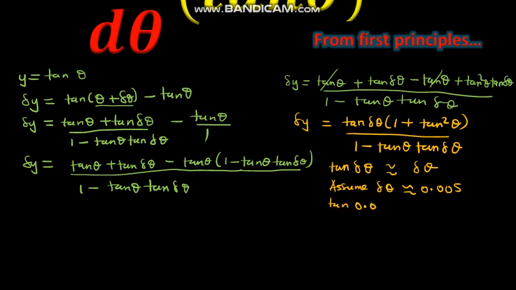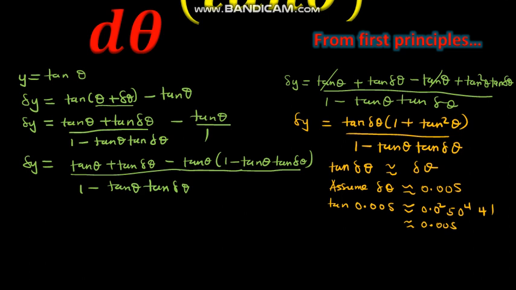So 0.005 is approximate to tan of 0.005, and the result is 0.00500004, which is just approximate to 0.005. Therefore it is true that tan of a small change in theta is approximate to the small change in theta.